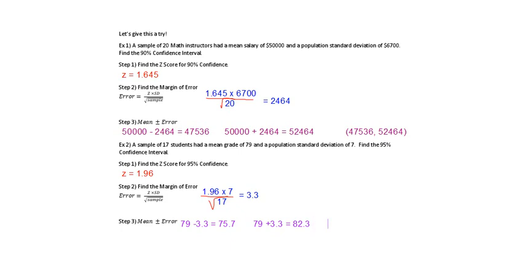So that means our confidence interval is 75.7 to 82.3. What that means is we are 95% confident that the mean grade of all students is somewhere between 75.7 and 82.3.